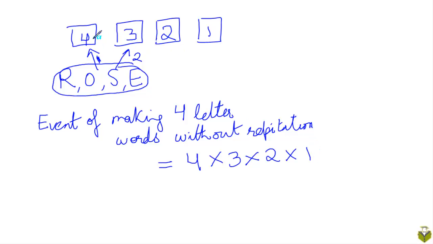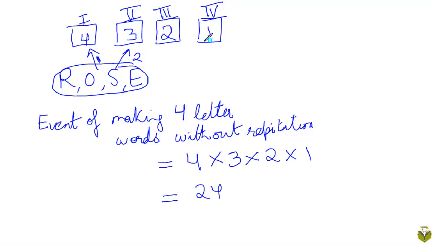Using the fundamental principle of counting again, we have all these separate events, like I called them event 1, 2, 3 and 4 before. You have to follow a similar procedure. This will come naturally to you as you practice more problems. So you have 4 multiplied by 3 multiplied by 2 multiplied by 1, and this answer is 24.